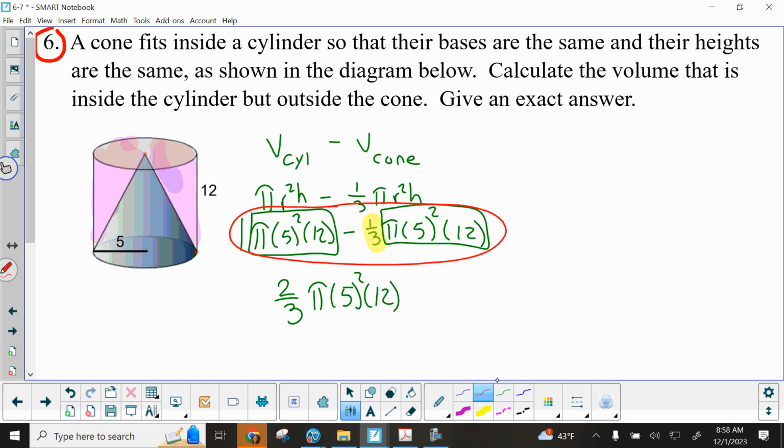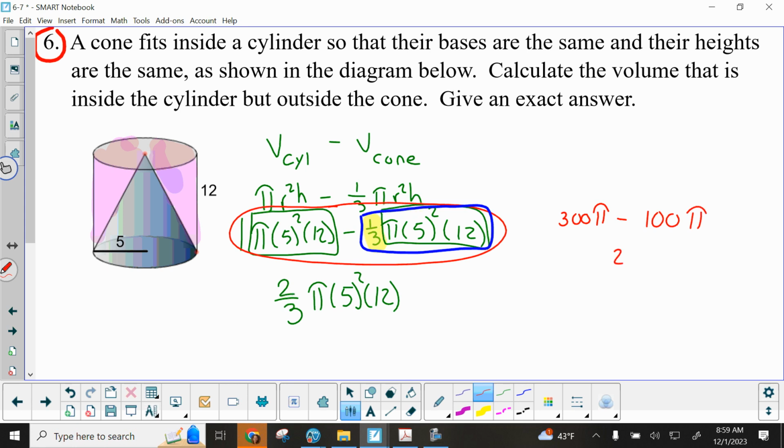So what do we have? We have 25 times 12. So I have 300 pi minus, and now I'm going to figure out this whole expression, which turns out to be 100 pi.